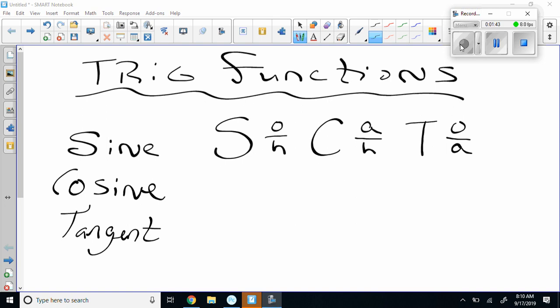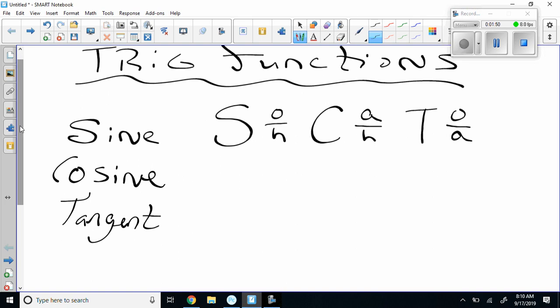All right, so SOH-CAH-TOA: sine, cosine, tangent. You'll basically see it like this. The sine of theta equals opposite over hypotenuse, right? So don't leave anything to be of question.